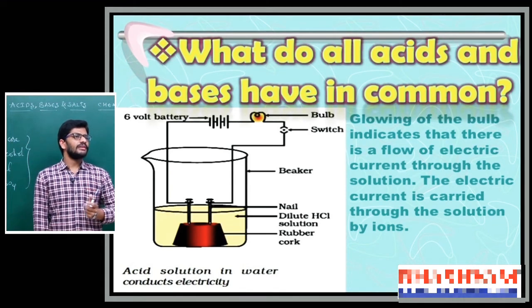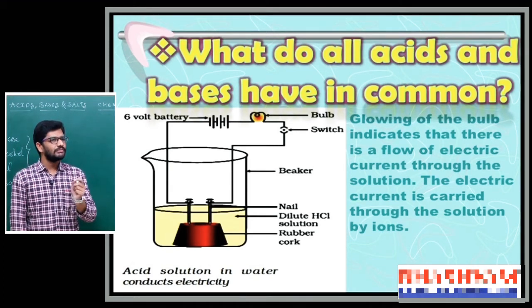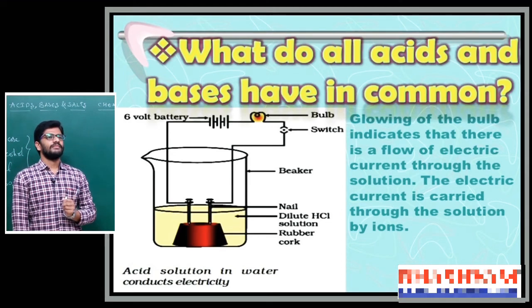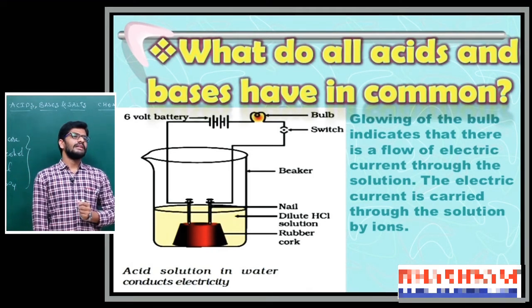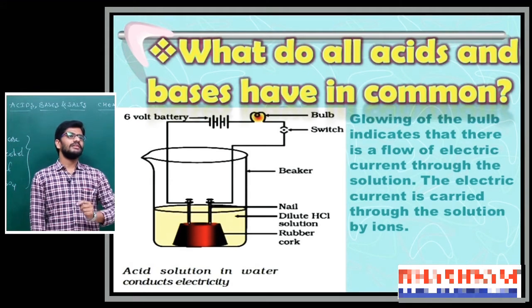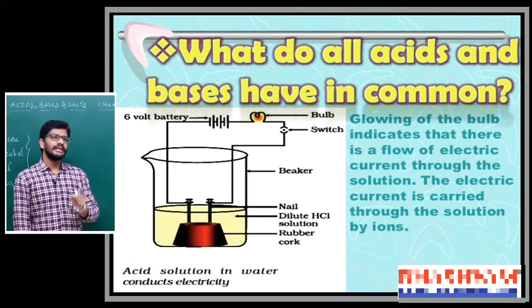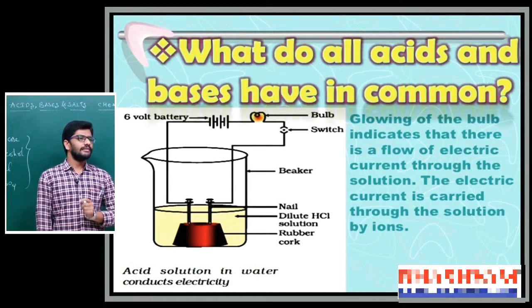Whenever electric current passes in a solution, it means the substance produces ions. These ions move in the solution, charge is transferred, electrical conductivity is obtained, and then the bulb glows. Okay. Now the experimental setup, first all of you listen.